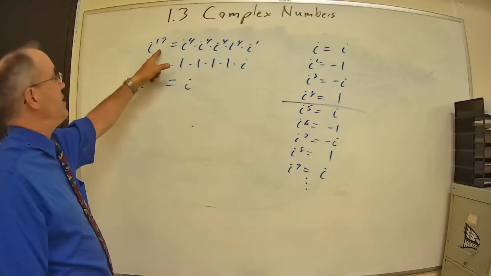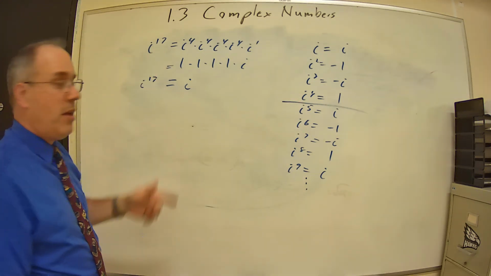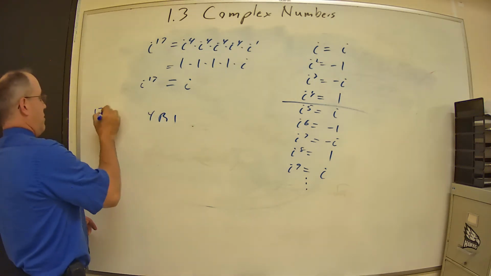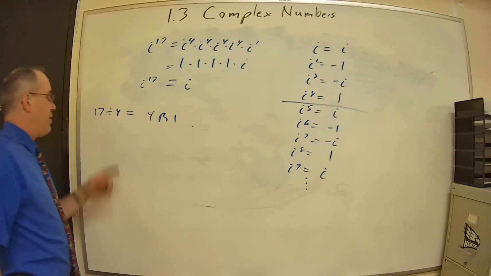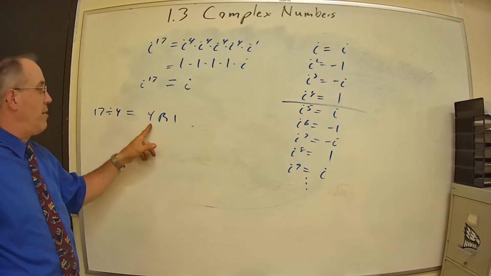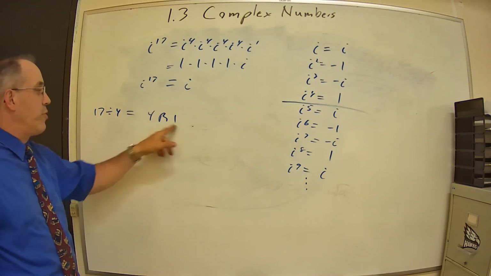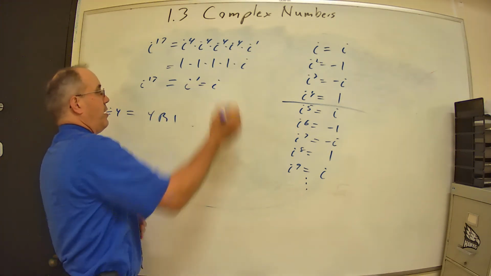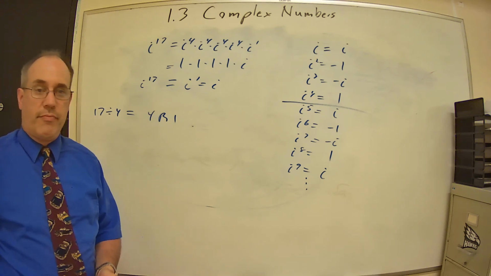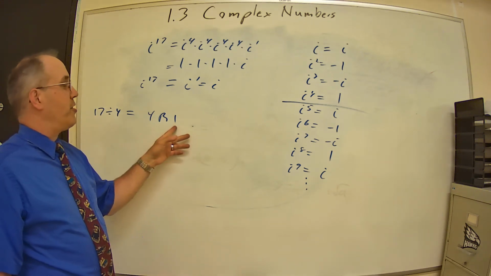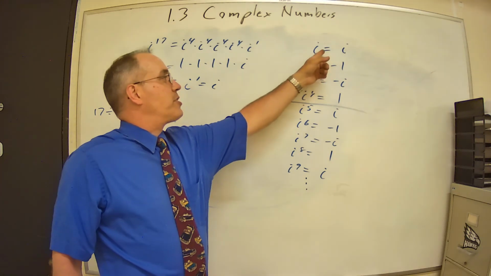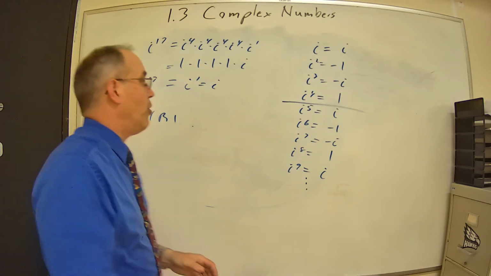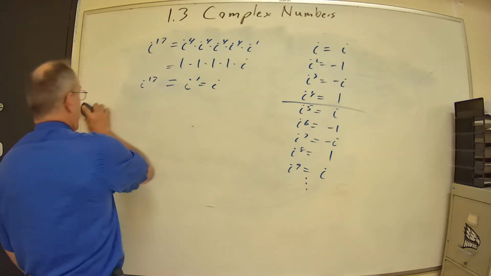So if I took 17 and divided it by 4, I get 4 remainder 1. 4 goes into 17 4 times with a remainder of 1. It became i to the 1, which is i. So the remainder tells me the power. The power is going to be 1, 2, 3, or 4, so it's either going to be i, -1, -i, or 1.